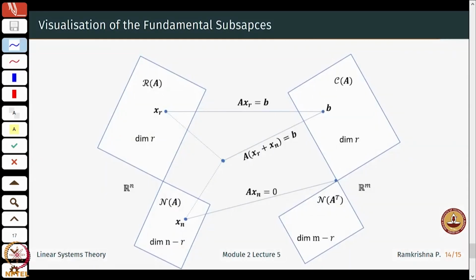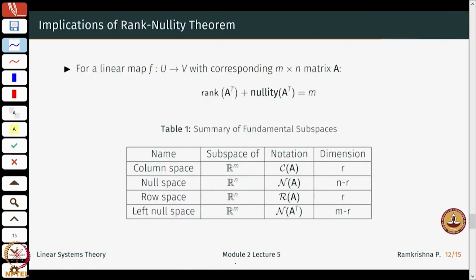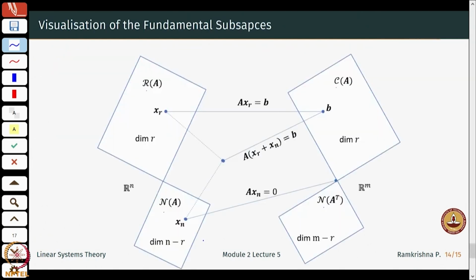Okay, so how do we visualize these four fundamental subspaces? So we have the row space of A, the column space of A, the null space of A, and the null space of A transpose. Okay, so what do we have as relations? We know the following: the row space is a subspace of Rn of dimension r.